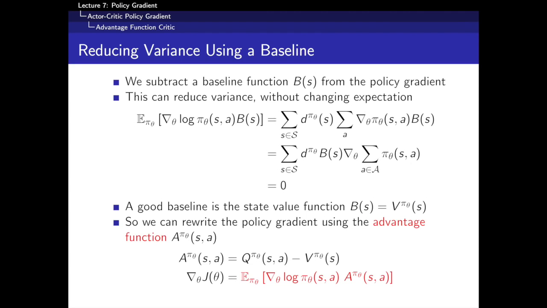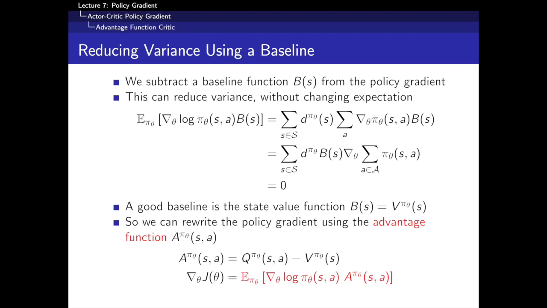But now what this result tells us is that we can add or subtract anything we want from this q, as long as that thing is just a function of state and not a function of action, so as to control the variance of this whole term. We want this expectation to be low variance, but we don't want to change the direction of ascent. And so we can do that, and there's a particularly nice choice that we can pick for this, which is going to have some nice consequences for us.